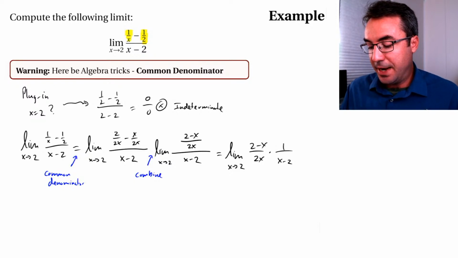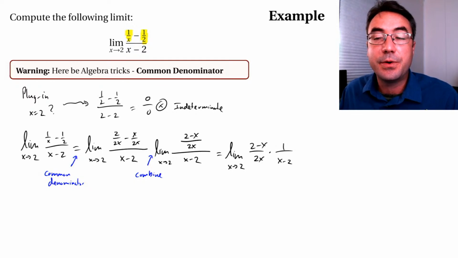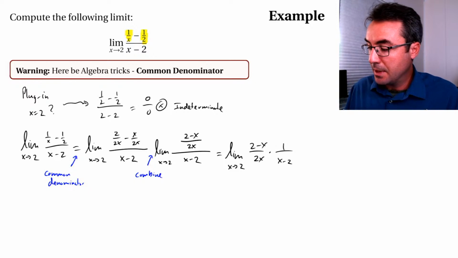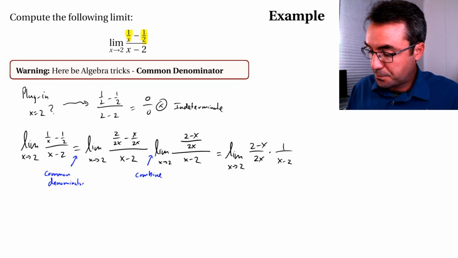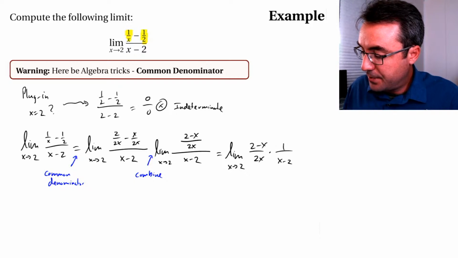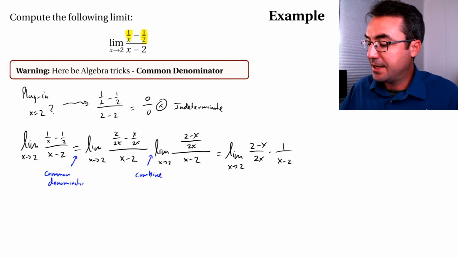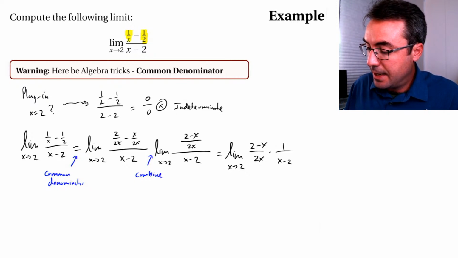All right, so now we want to cancel. The goal is we want to cancel off the term that's giving us 0 in the denominator. And what we can do is we're seeing some similar terms here. We're seeing this 2 minus x, and we're seeing an x minus 2.